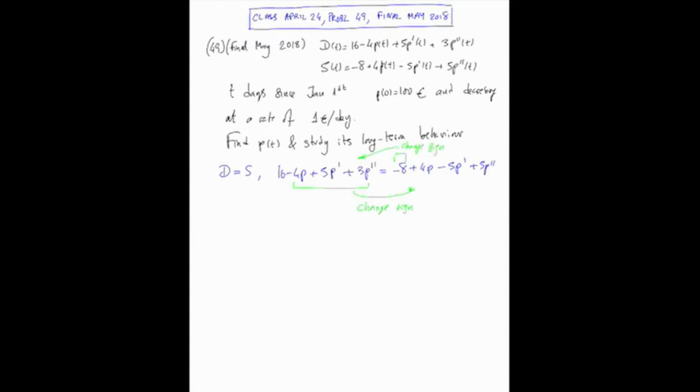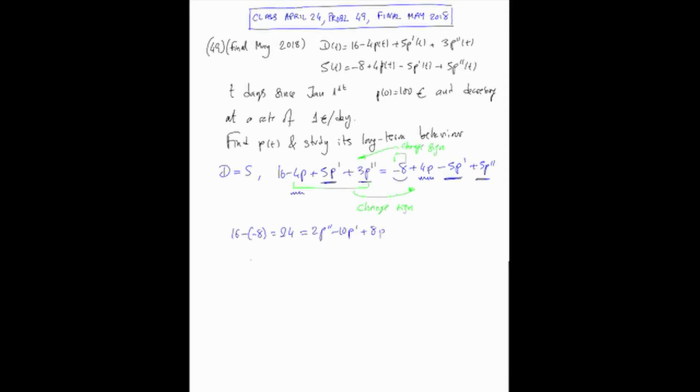So we do this computation, and on the left-hand side we have 16 minus, and then minus 8. First minus because it moved to the other side, so this equals 24. On the other side we have this thing here and minus 3p double prime, so it's 2, and then minus 5 minus another 5 is minus 10, and then 4 minus minus 4 is plus 4, so plus 8p.